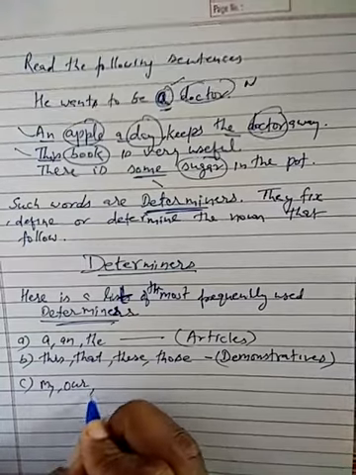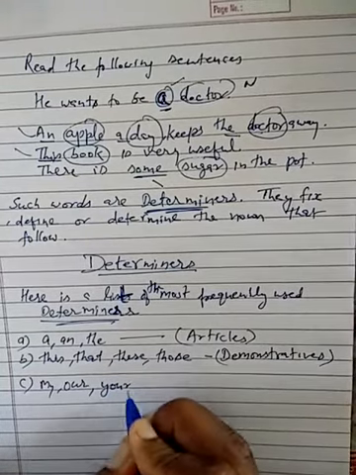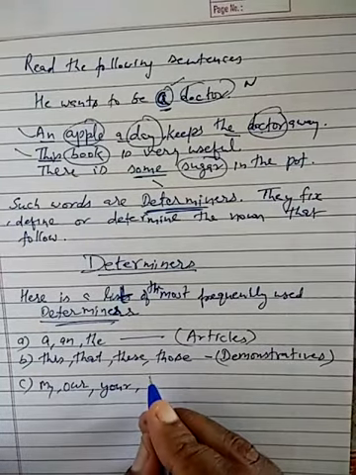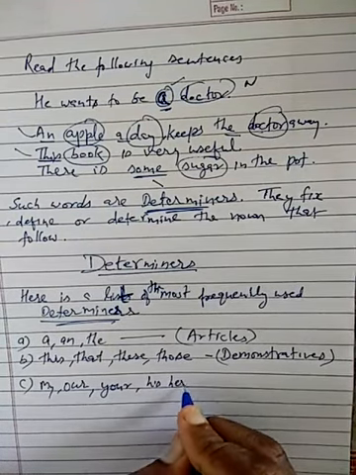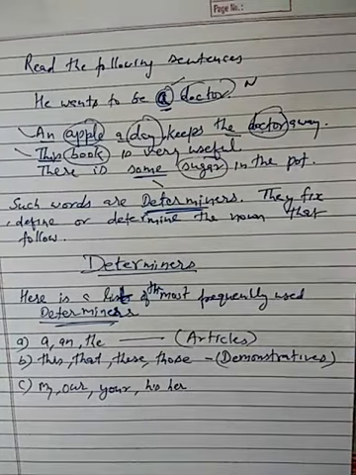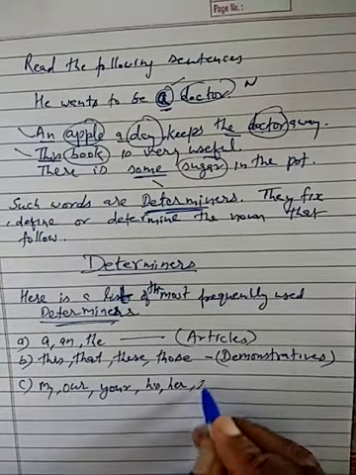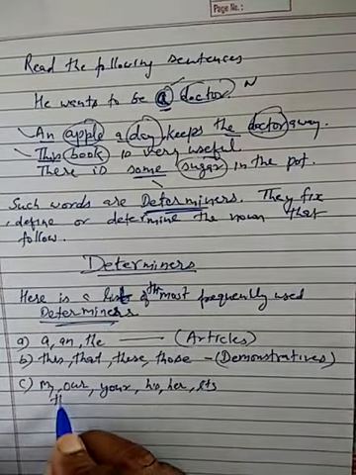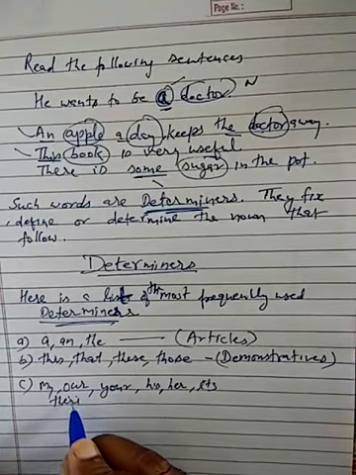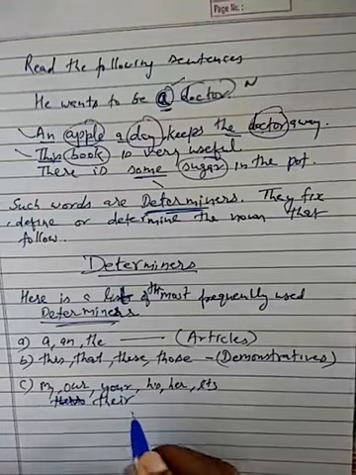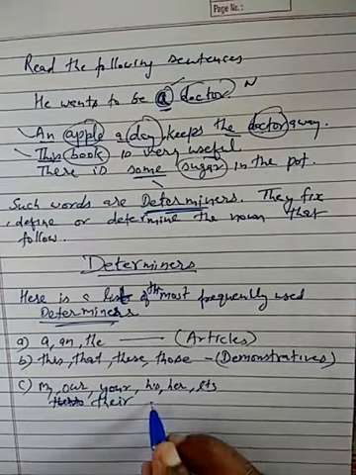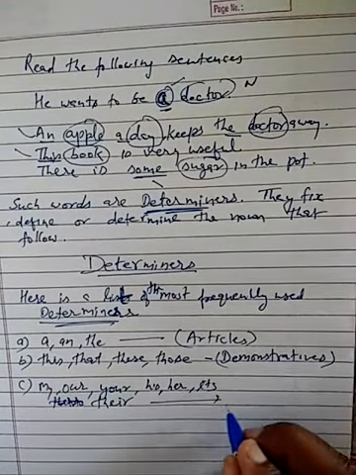Okay, next one is my, our, your, his, her, its, their. Okay, clear? So these are called possessives.